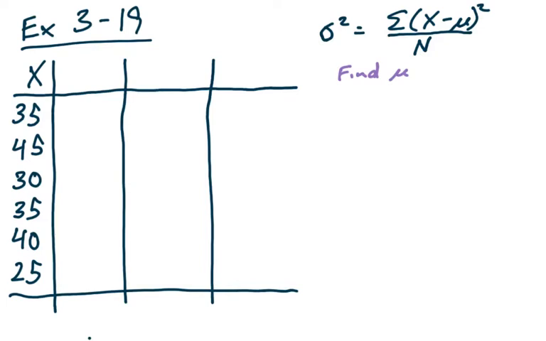But then after that, we have to go ahead and subtract that away from each data value. So let's actually fill that in purple. I got over here, right? And then we're going to take that whole business that we got in that column and square it.